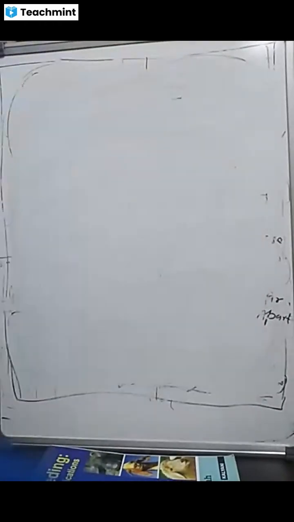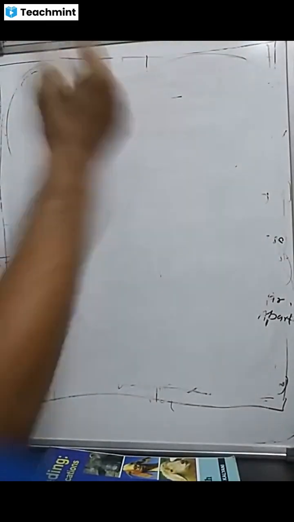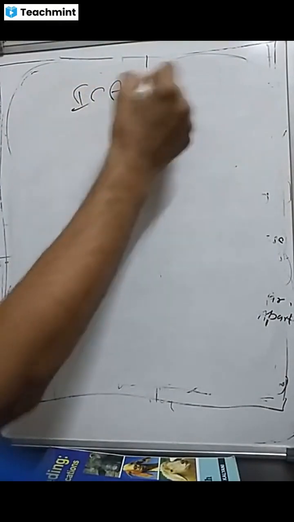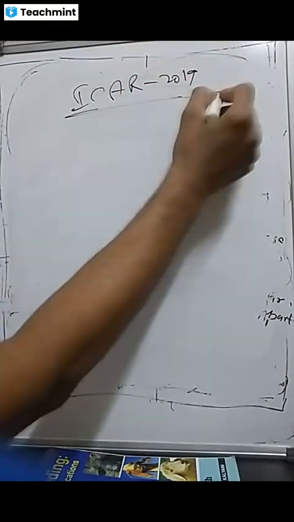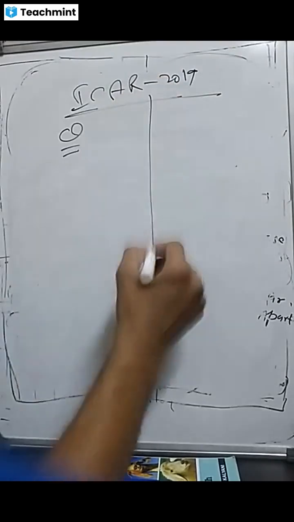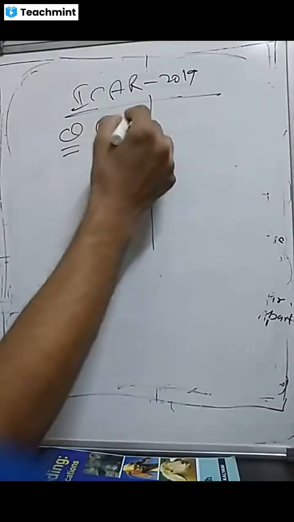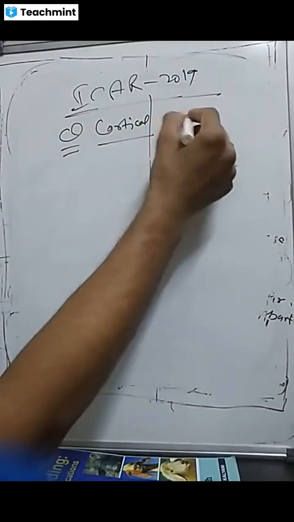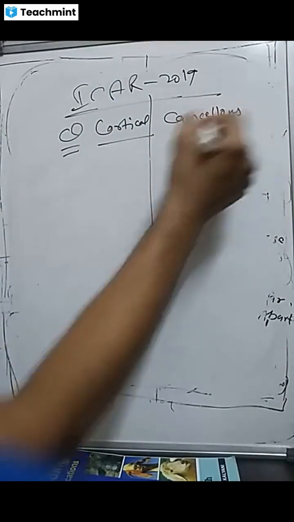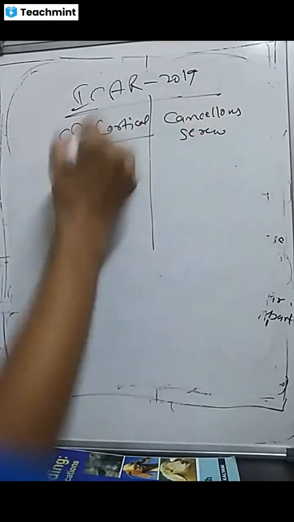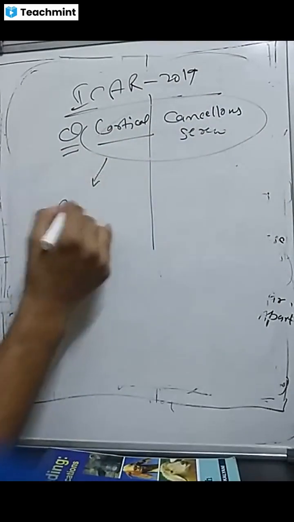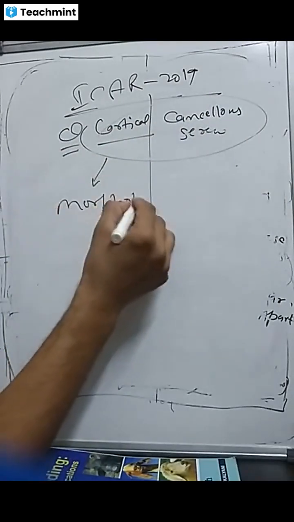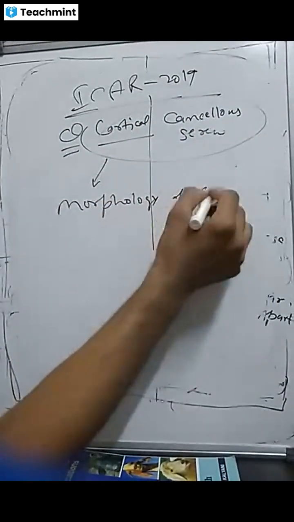If you look at your ICAR 2019 CQ, it was related to the difference between cortical and cancellous screw, and this difference was asked based on the morphology of the screw.